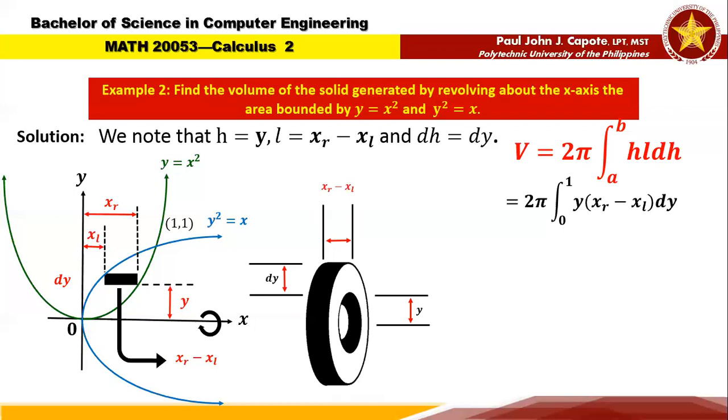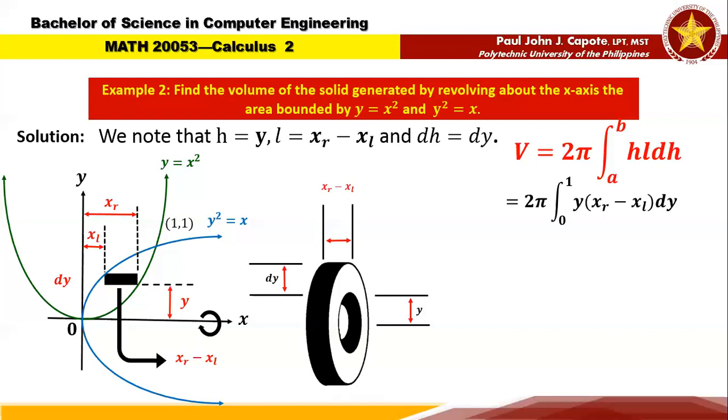Our integrand contains the variables x sub r and x sub L, and we are integrating with respect to y. So we need to replace the variables x sub r and x sub L in the integrand. To do that, we will use the functions y equals x squared and y squared equals x.